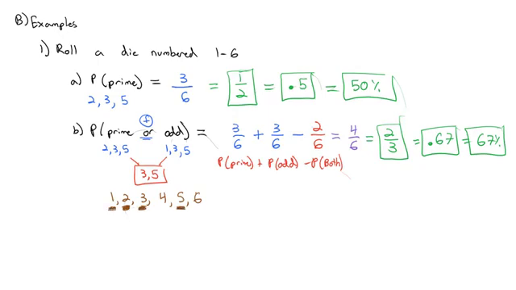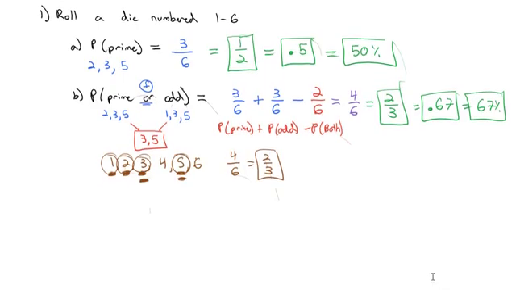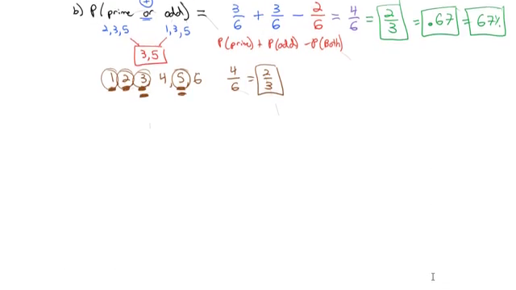The odd numbers are 1, 3, and 5, which means the ones I want, there's 4 options I want out of 6, and that would have given us the same 2/3 using the definition instead of the formula. 2 ways to get at the same answer. Let's roll the die again, though, and instead of doing a prime or an odd, we're going to look for the probability that we get a prime and an odd.